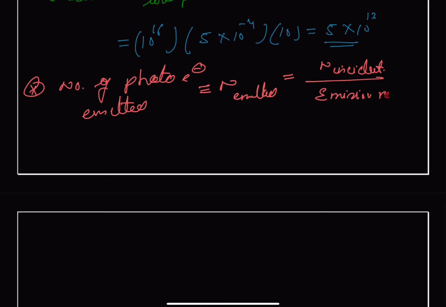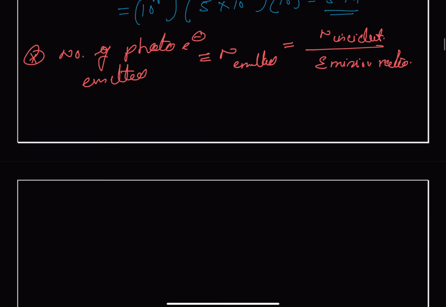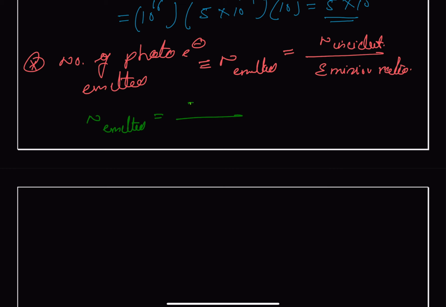So n emitted is equal to 5 into 10 to the power 13 divided by 10 to the power 6. This gives us 5 into 10 to the power 7. So these are the number of photoelectrons emitted.